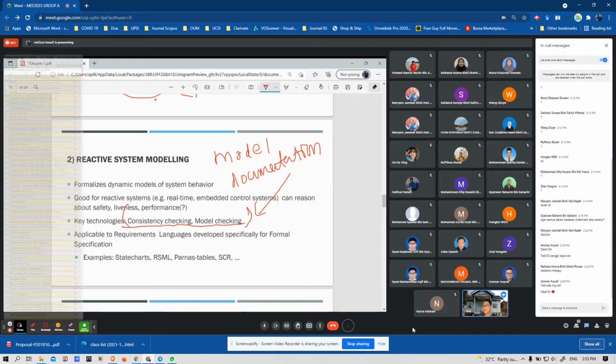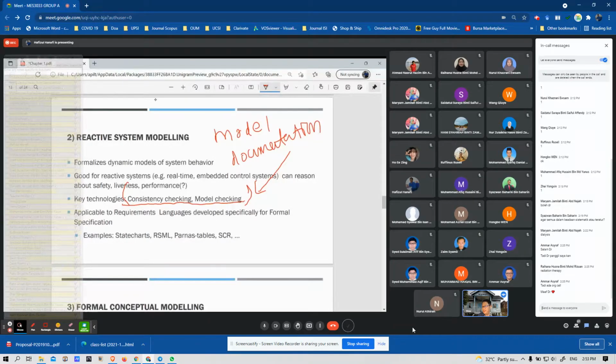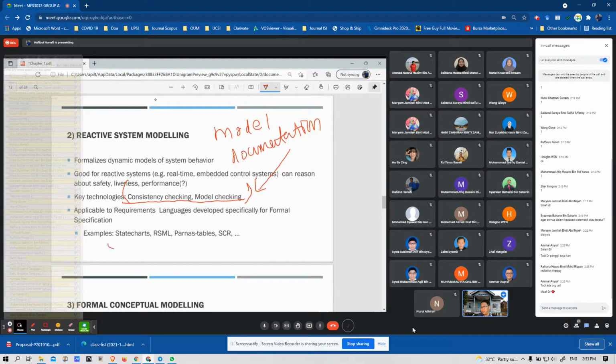For this you can see we have a state chart, which is more on modeling and designing the state. And then we have RSML, Parnas tables, and SCR. These are famous reactive system modeling. Later we see this in chapter 8.